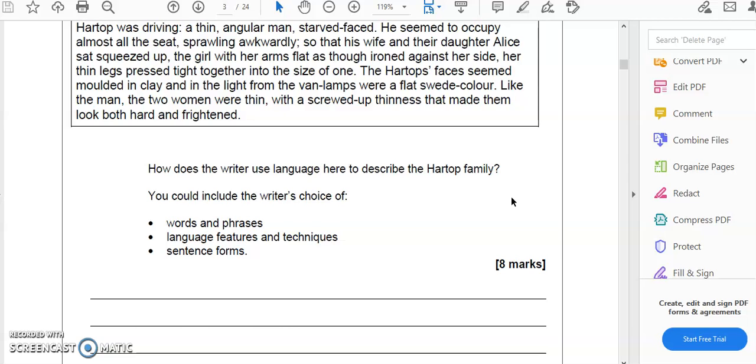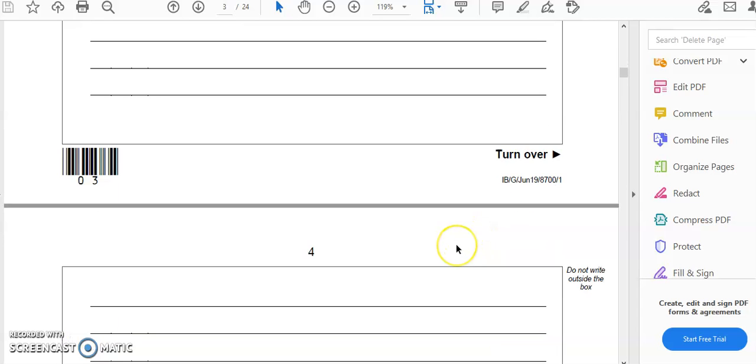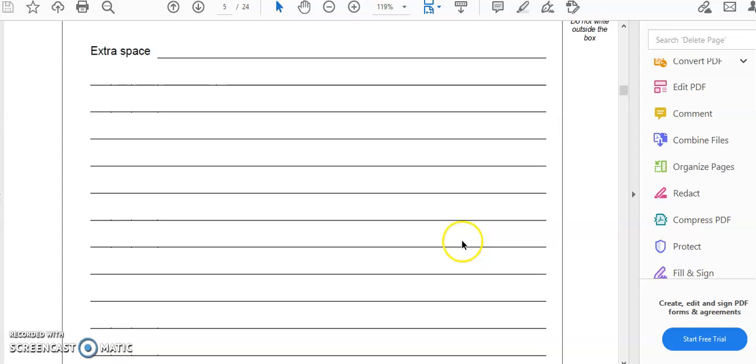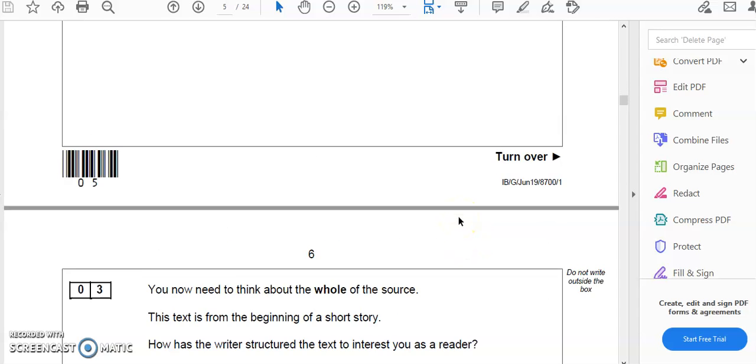So if you're better at question 2, you give yourself less time for question 2 and more time for question 3, and vice versa. So if you'd like to pause the video now and have a go, give yourself roughly 25 to 30 minutes and have a go at questions 2 and 3.